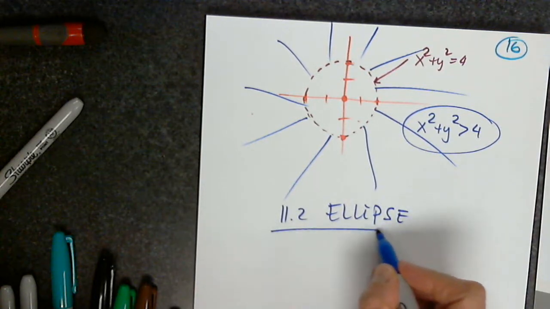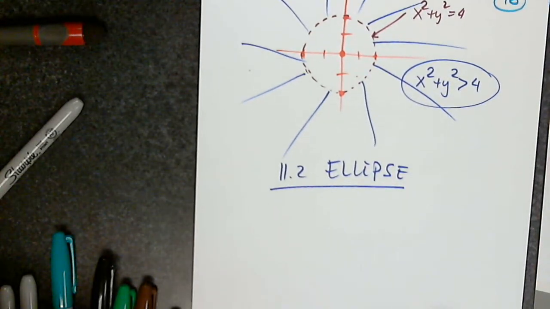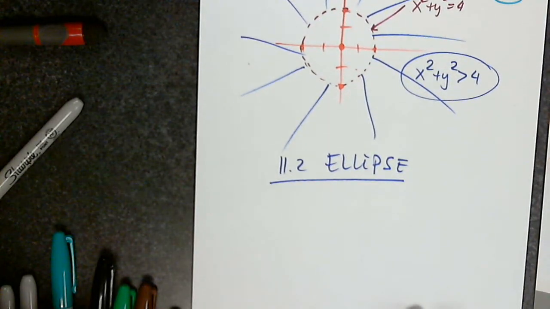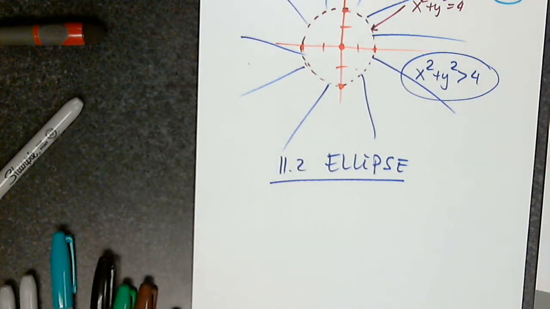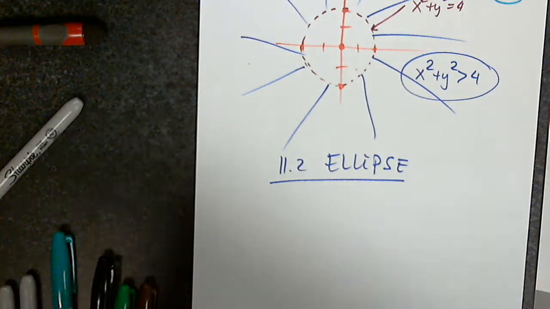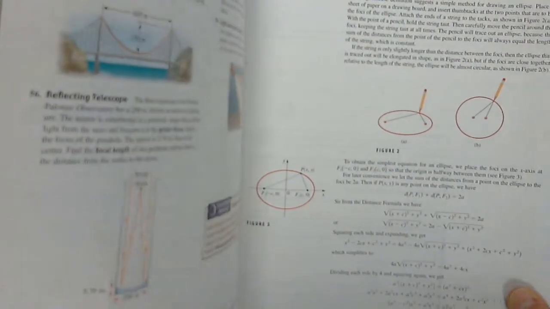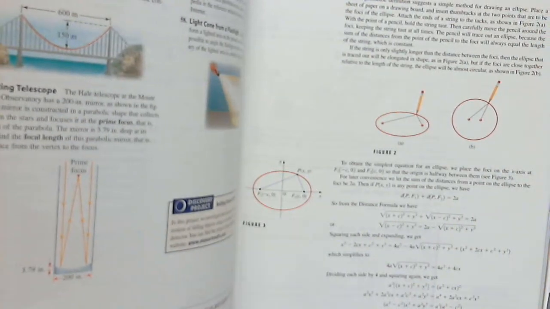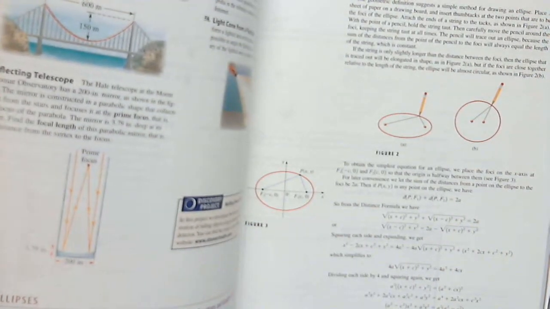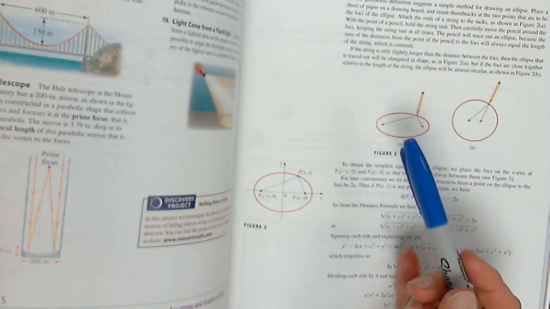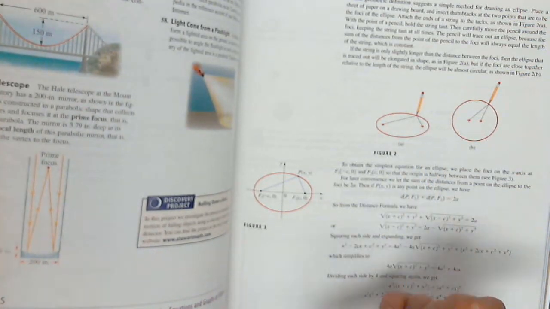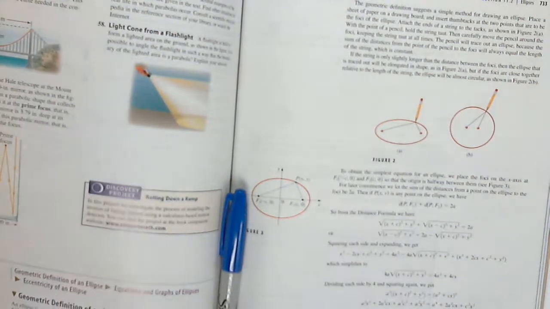The ellipse. On page 733, in case you don't have your book, I would like to show this. And what is the definition of an ellipse? Let's go back for a second to the definition of the circle.